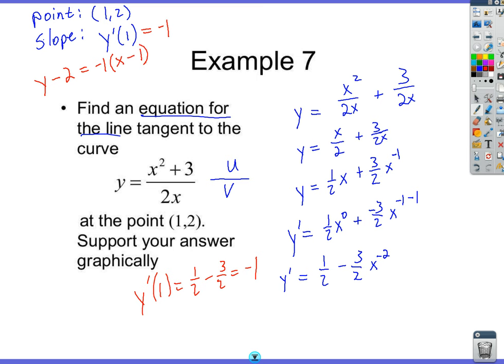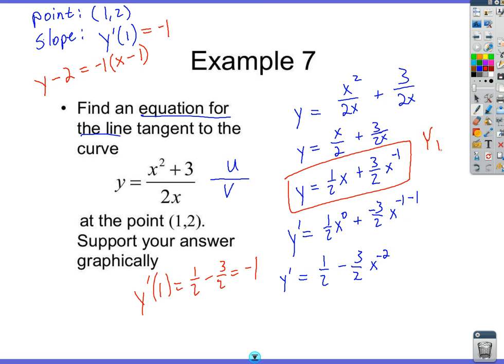So then the question comes, how can I support this answer graphically? And this is what I'm going to ask you to do in your calculator without me doing this. I want you to go into your calculator and graph this equation. You either can graph this one, or you can come over and do this one. Put that into y1.